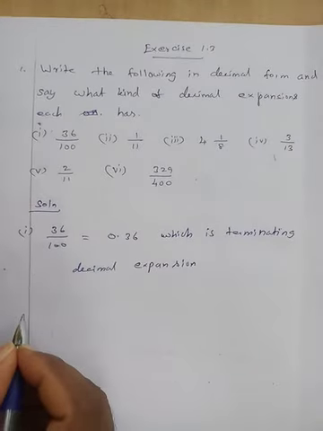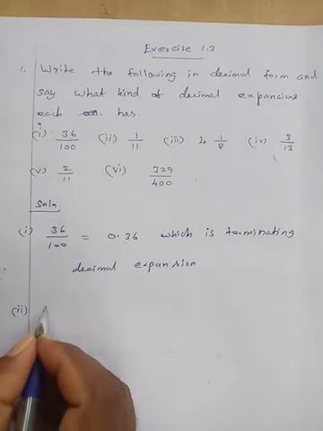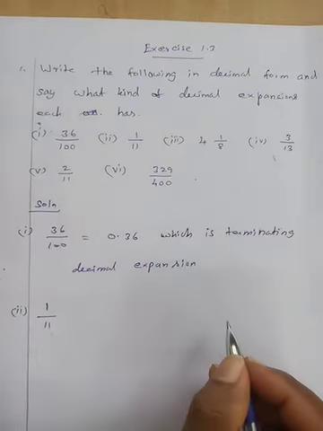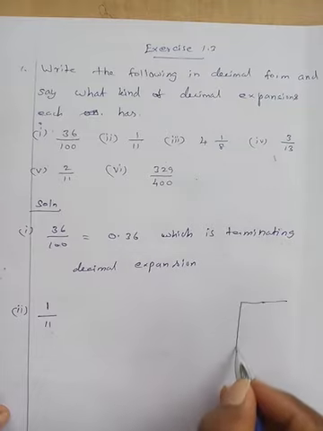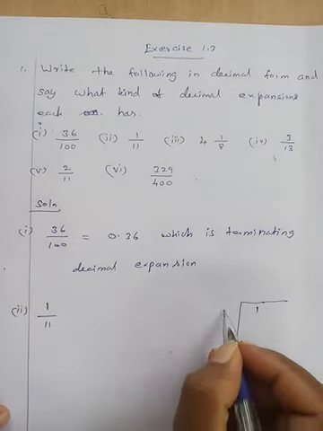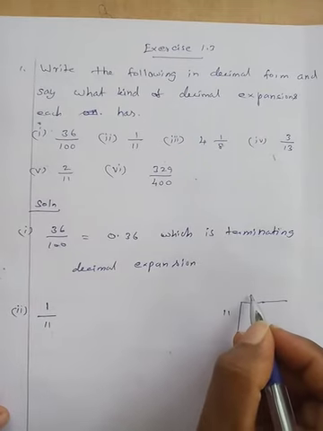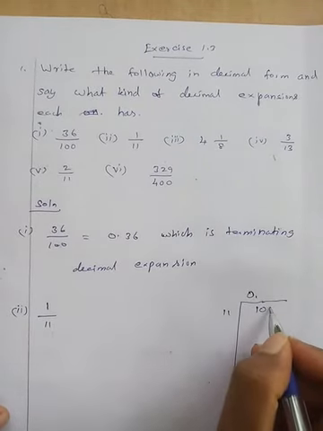Next one, sum number 2, 1 by 11. 1 divided by 11. Not possible, so put 10. Again 10 is not possible, so put another 0, 100.